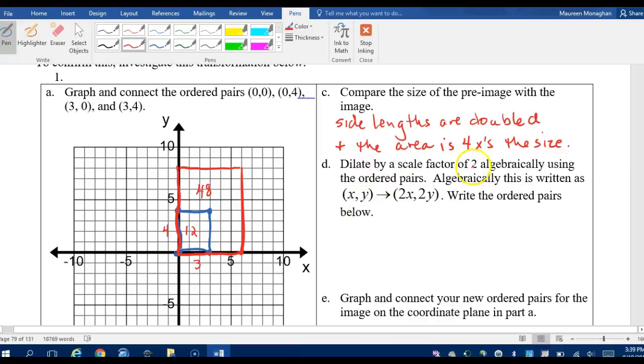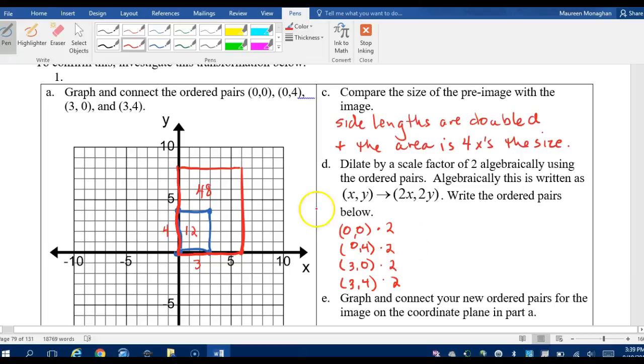Dilate by a scale factor of 2 algebraically using the ordered pairs. So now we're going to take the 4 points and multiply both the x and the y by 2. That's the scale factor.